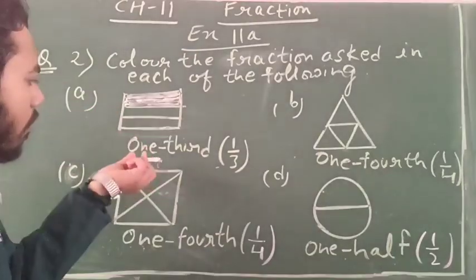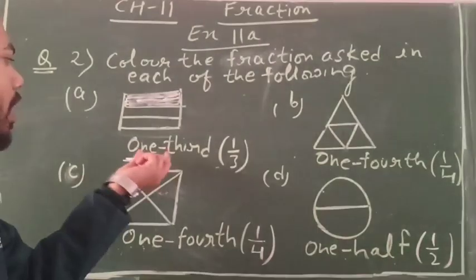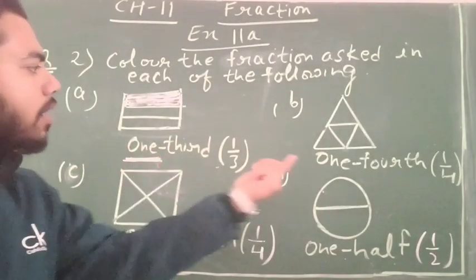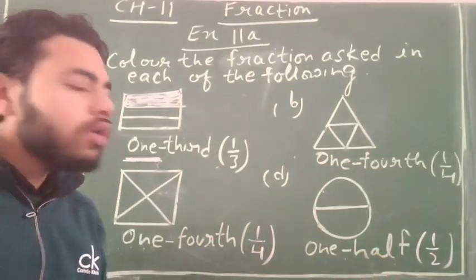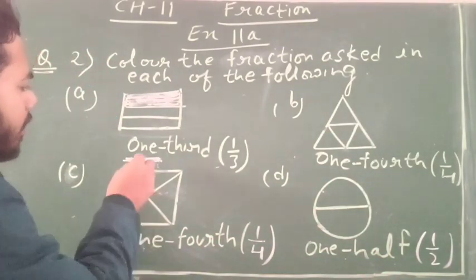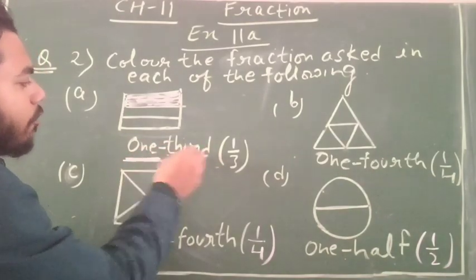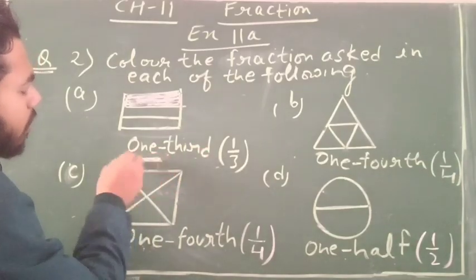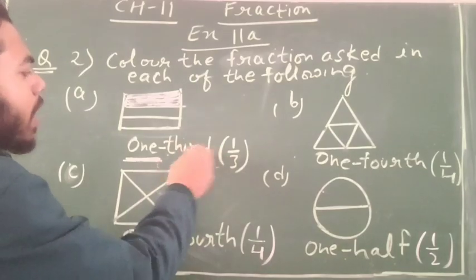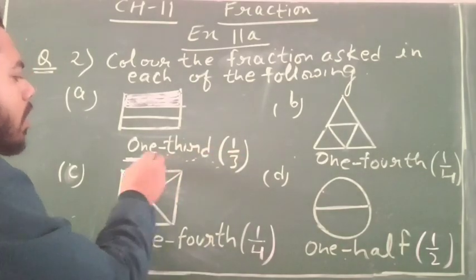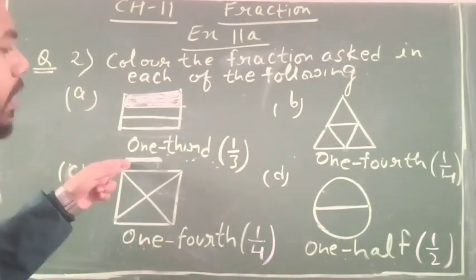In every question you have seen 1/3, 1/4, 1/4 and 1/2. So you have to color according to the first number, that is the numerator, and the second is the denominator. When it is written in words, the first number is the numerator and the second part is the denominator. So you have to fill the color as the numerator says.